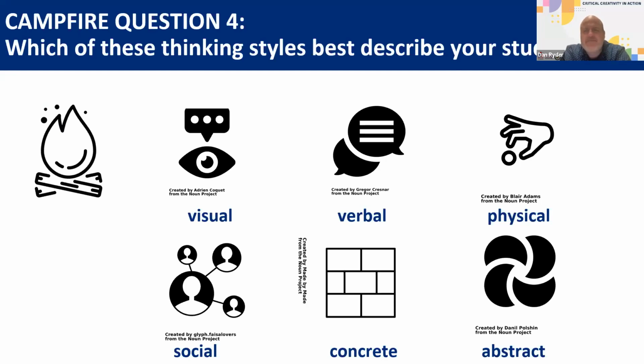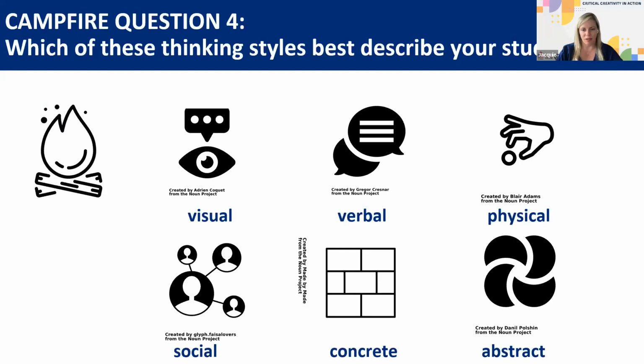Smiley faces going in a circle. There's all different ways to think about this image. And that's abstract thinking and abstract reasoning. And some learners learn best when they're allowed to make metaphors or interpret symbols. So when we think about our learners in our classrooms, which of these thinking styles best describes them?